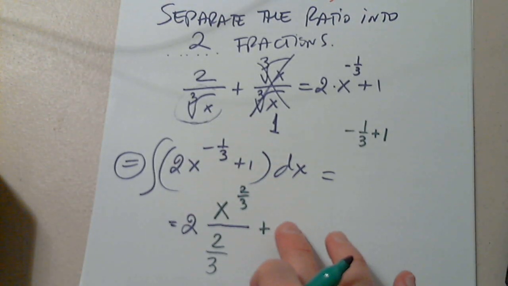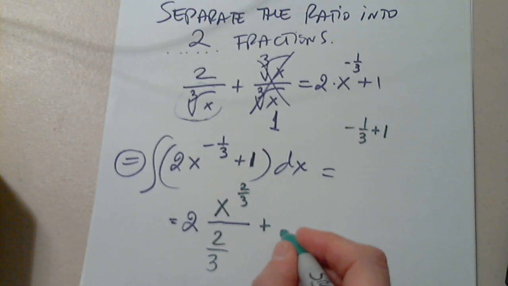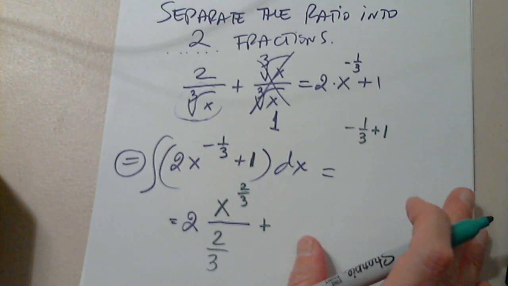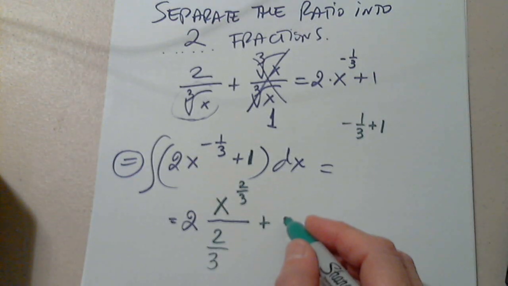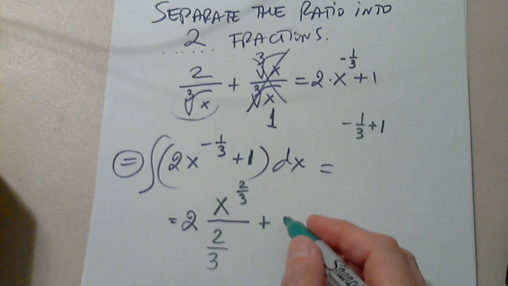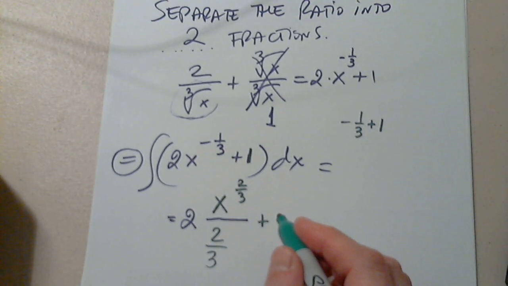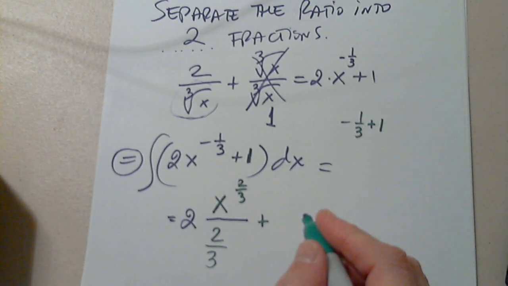Plus, now I have to think, which function prime gives us 1. And that's easy. There is only one function that we differentiate and we get 1. X. Exactly.